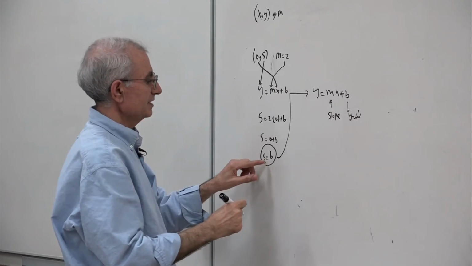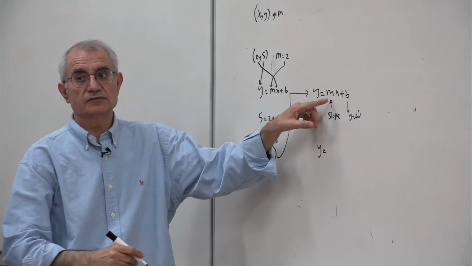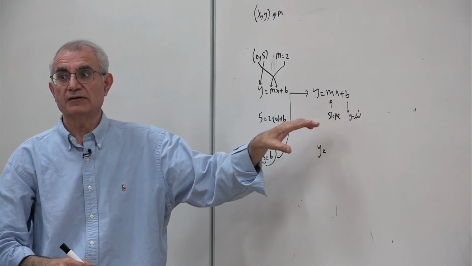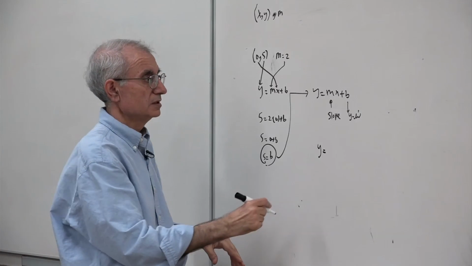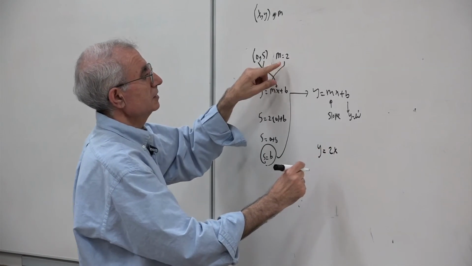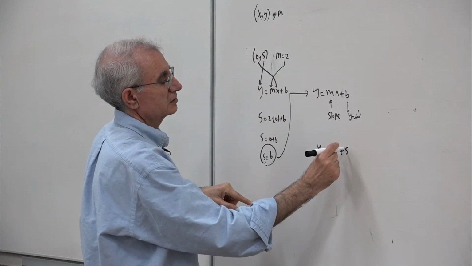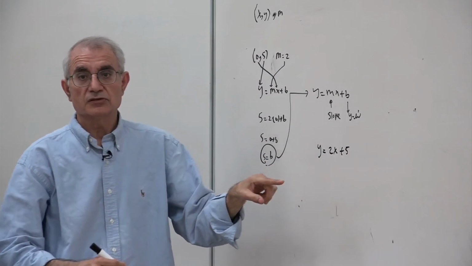I just found the y-intercept, so all I need to do to find the equation of the line is substitute for m and for b, and that will be the equation of the line I'm looking for. m was 2 to start with, so that will be 2x plus b, which is 5. And that's called the equation of a straight line. This is a linear equation for a line.